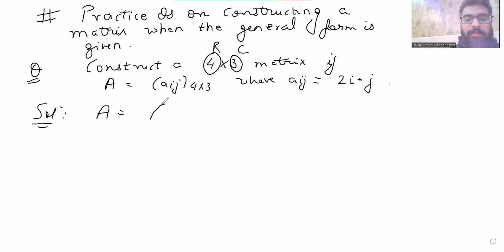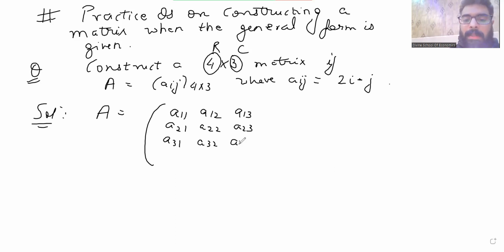So it's going to look like this. A11, A12. How many such columns are there? 3 columns. So I'm going to stop at A13 because only 3 columns are there. A21, A22, A23. These are the elements of the second row. A31, A32, A33.